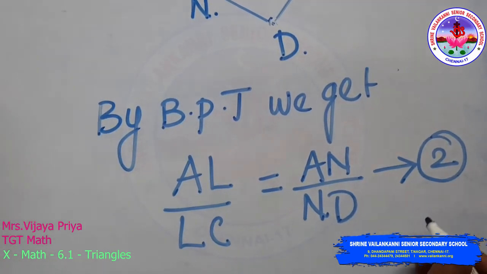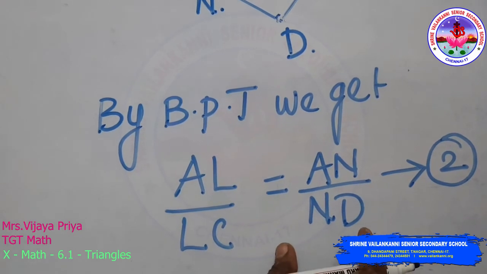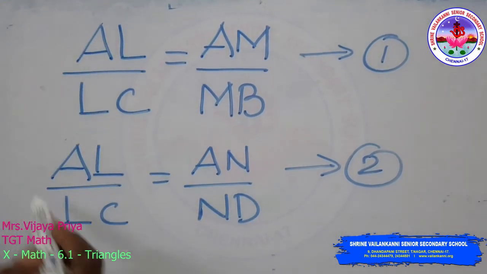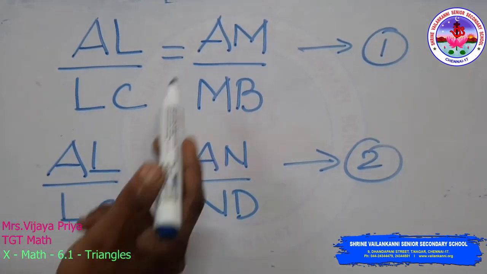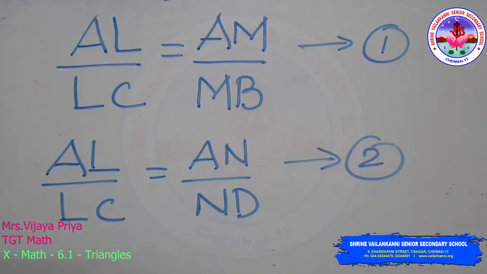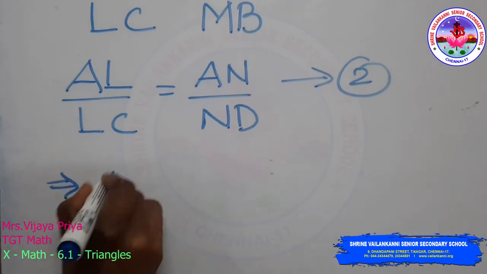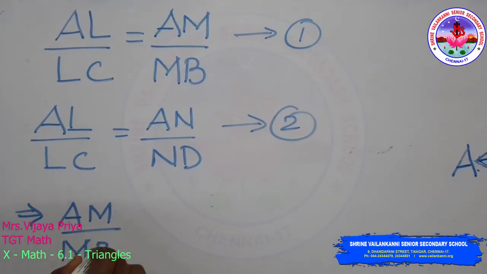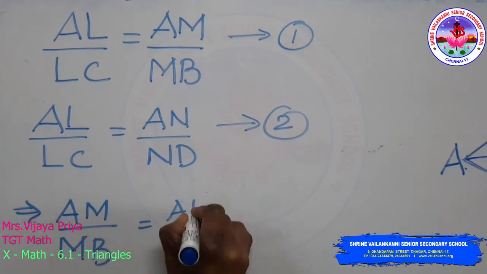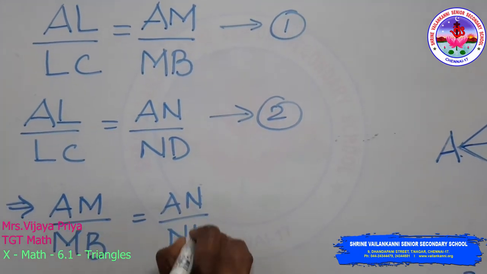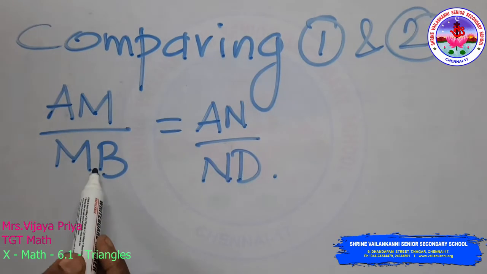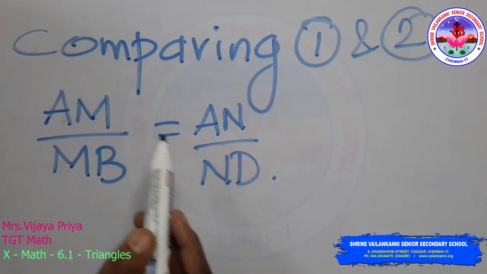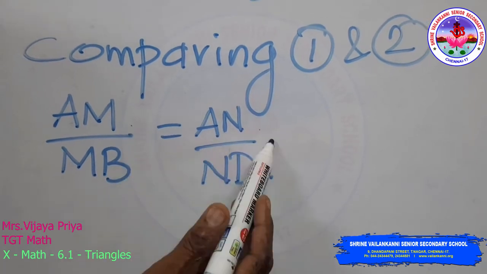I am going to compare now equations 1 and 2. Comparing equations 1 and 2, since the left hand sides of both the equations are equal, my right hand side becomes equal, which implies AM by MB is equal to AN by ND. Now I am going to add 1 on both sides of the equation.